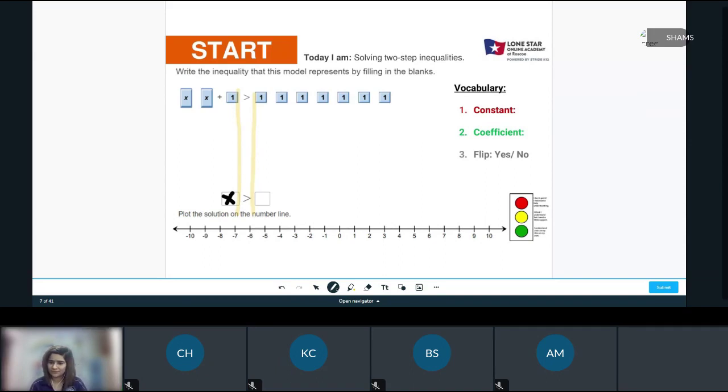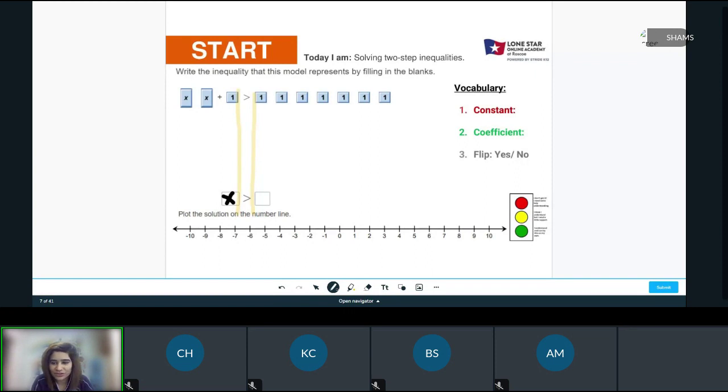Jax, I'm confused where you got the inequality from. So Jax, I want you to reconsider.